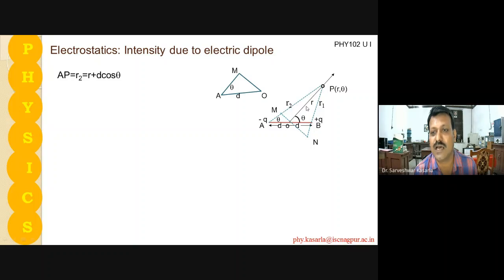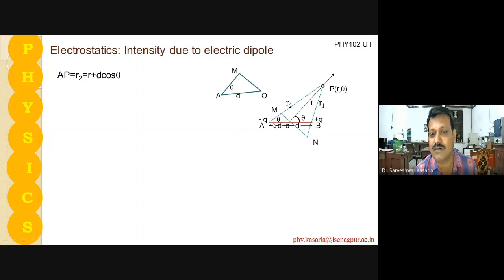R2 is greater than r, which is greater than r1, as the length of the dipole is very small as compared to r. This is the angle theta, and it may be equal to this other angle, as this length is very small, as shown in the figure.